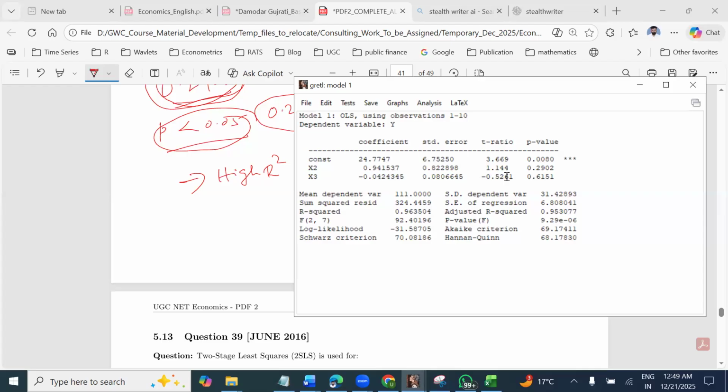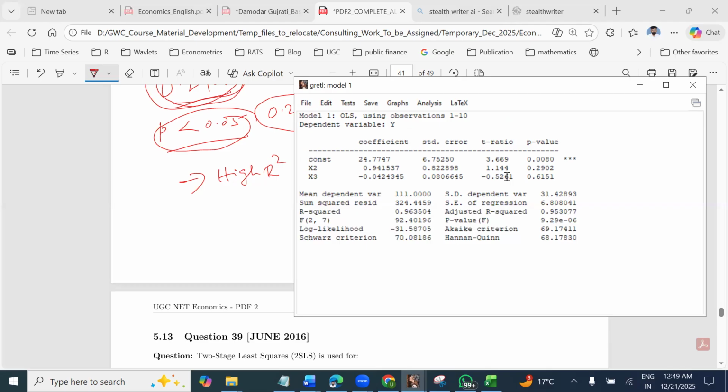So you will never forget that in case of multicollinearity, you are getting a high R square, but you are not getting statistically significant T ratio. It means there is some problem with the variables. They are highly collinear.